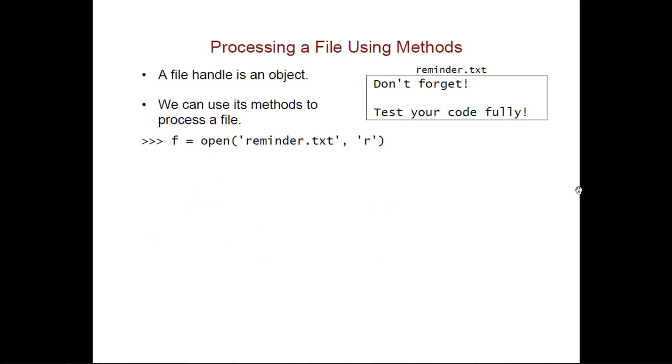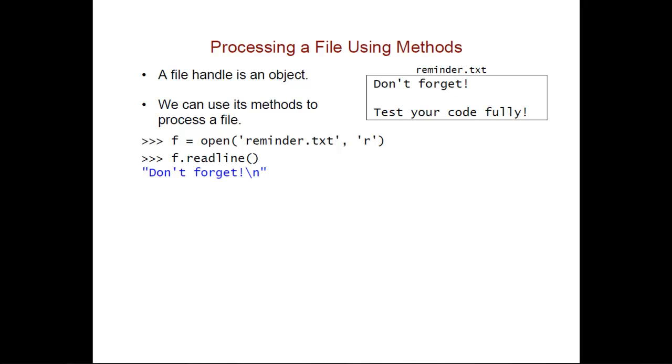So let's assume this is my text file, and it has these three lines that we talked about earlier. And let's assume it's called reminder.txt. So I'm opening up a connection to it for reading. I'm taking the file handle and storing it in the variable f. And inside that file handle, inside that object, are a number of different methods that we can use to work with the file.